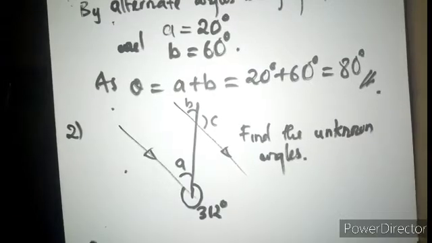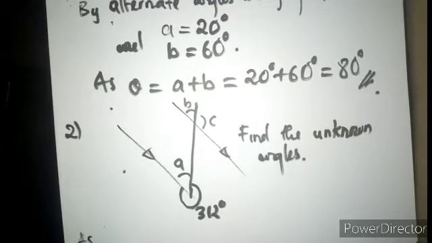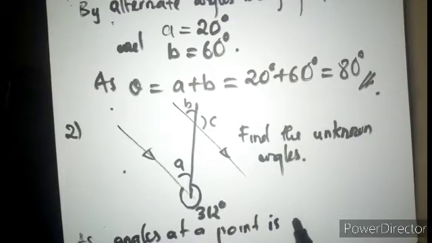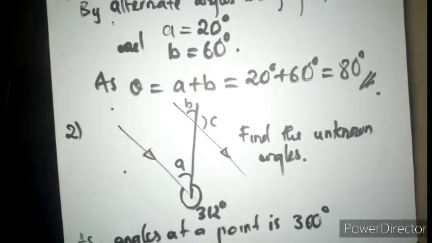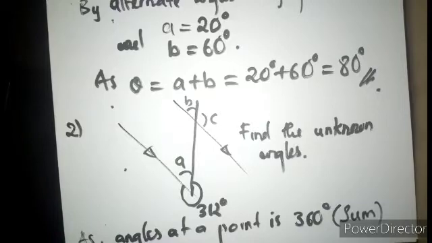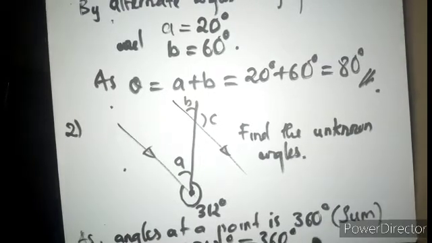Very simple. As we know that angles at a point sum to 360 degrees. So what do we mean? At this point, we'll say A plus 312 degrees is equal to 360 degrees.